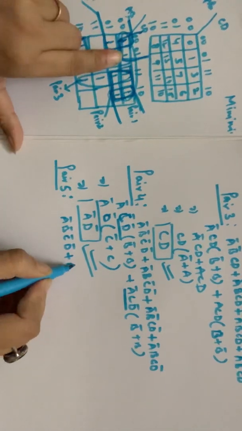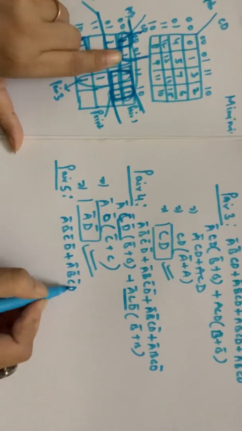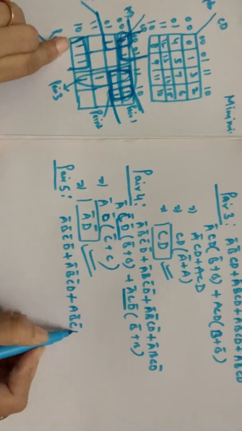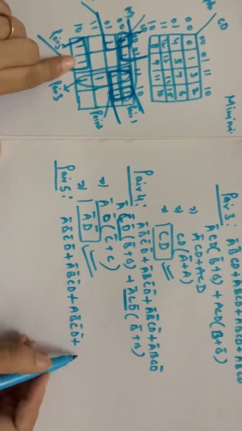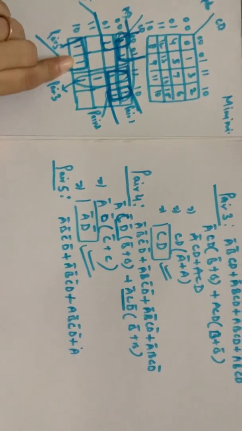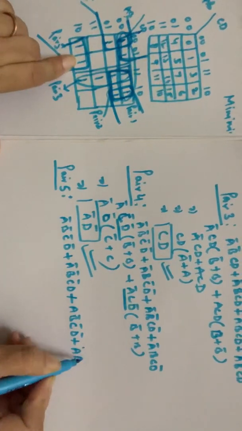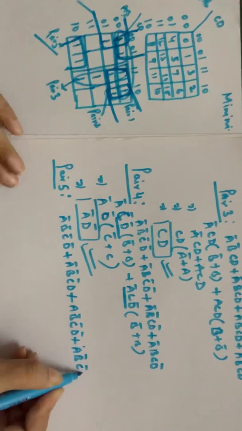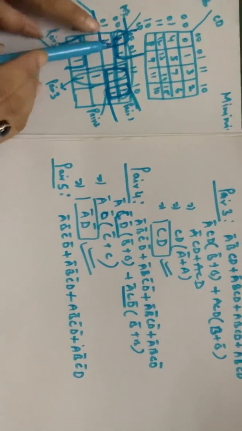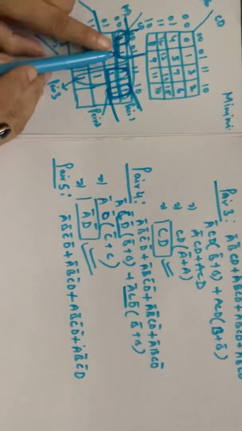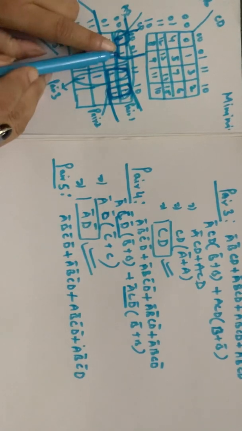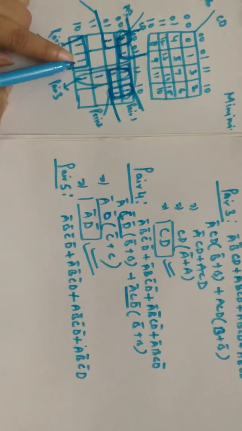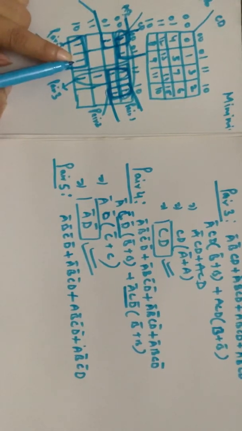Then A bar, B bar, C bar, D plus A, B bar, C bar, D bar plus A, B bar, C bar, D.